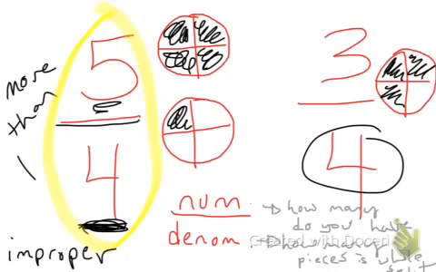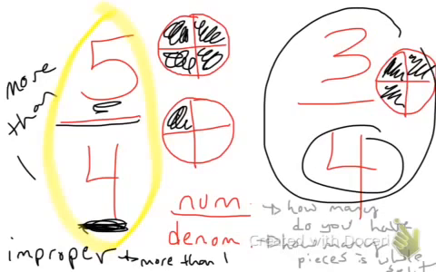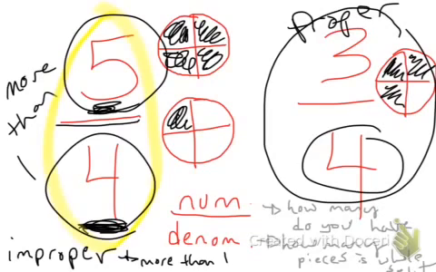And it's improper, and that means it is more than 1 or equal to 1. And this one is a proper fraction, and that means it's going to be less than 1. Because if you have more pieces than it's split into, then you must have more than 1.